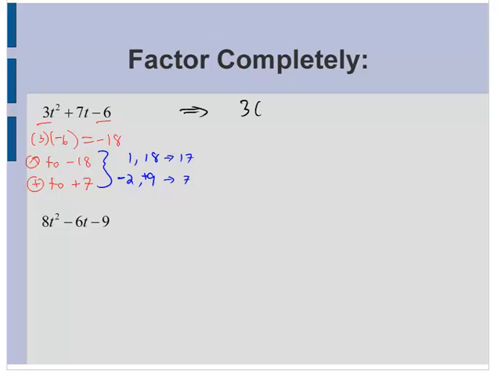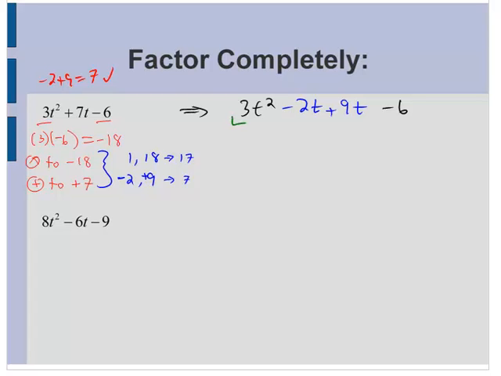So that would give me 3t squared minus 2t plus 9t minus 6. It's always a good idea at this point to check your middle terms and make sure that they have the right sign. -2 plus 9 does equal 7.